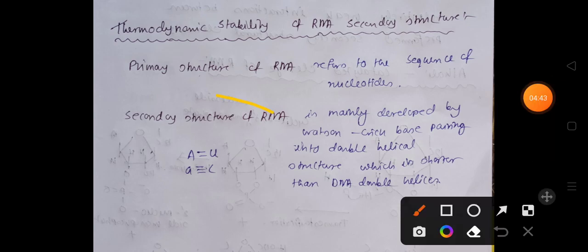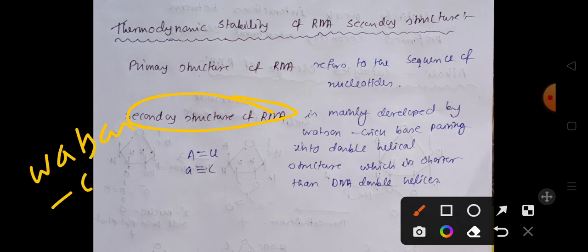Now, the secondary structure of RNA is due to, just like DNA, Watson-Crick base pairing. That is the canonical base pairing. Here, A will interact with U, because we all know that in the place of thymine, there is uracil in RNA. Guanine will pair with cytosine.